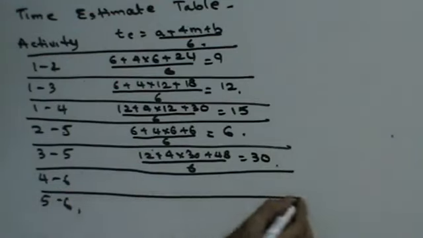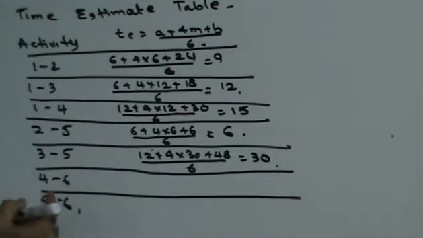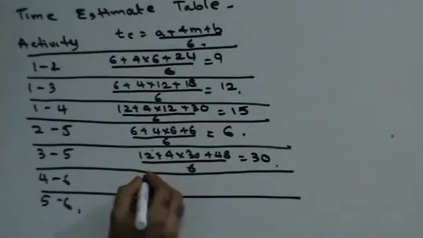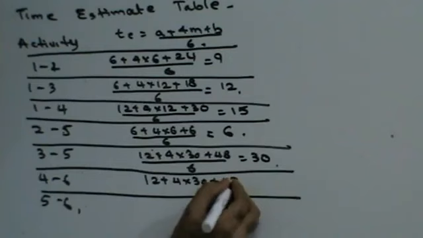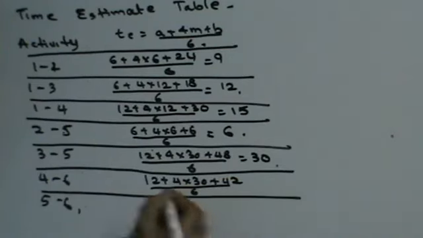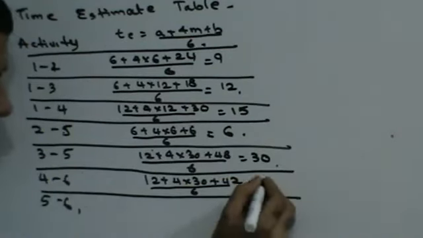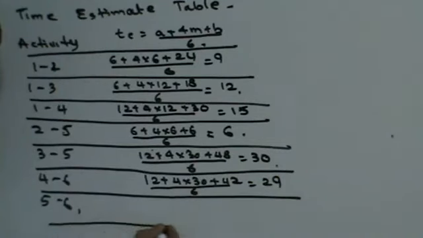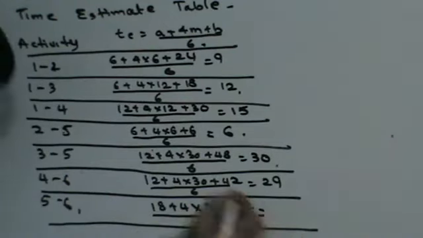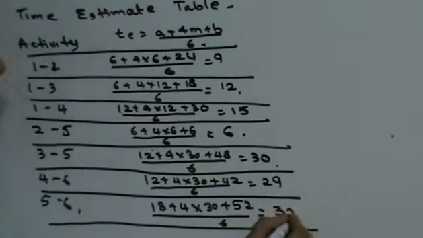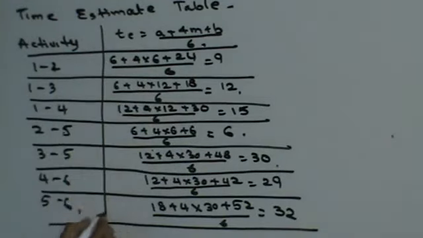Next, 4 to 6: this will be 12 plus 4 into 30 plus 42 upon 6. The answer for this will be 29. And finally, this is going to be 18 plus 4 into 30 plus 52 divided by 6. The answer is going to be 32. Right? This is going to be my expected time.